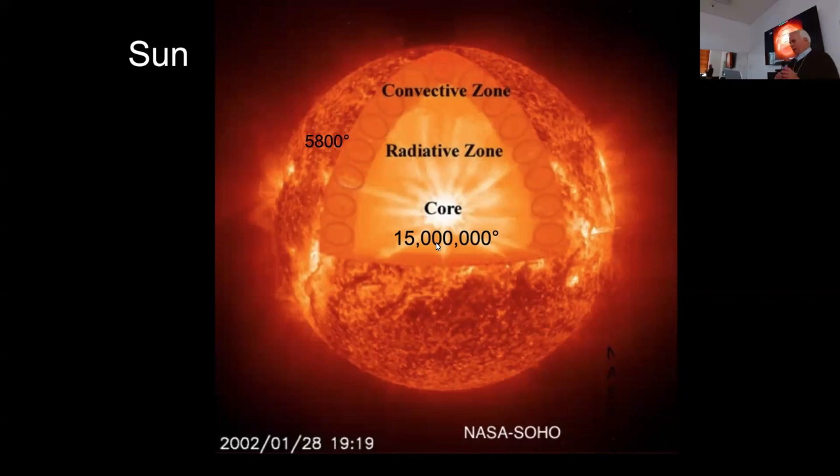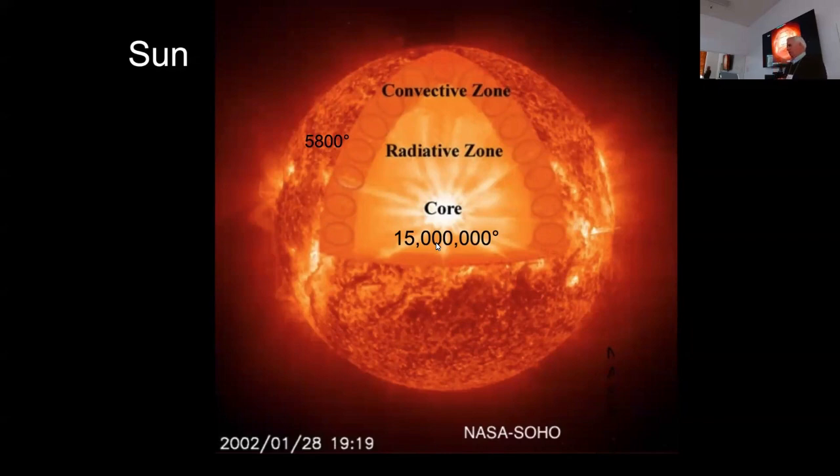And now what happens here is that at 15 million degrees, protons are moving very, very fast. And when 2 protons get together, they both have a positive charge, so they tend to repel each other. If they're not going very fast, they'll slow down and stop and then go apart. But if they're going really fast, which is high temperature, then they can get close enough to interact, and the strong force can take over.